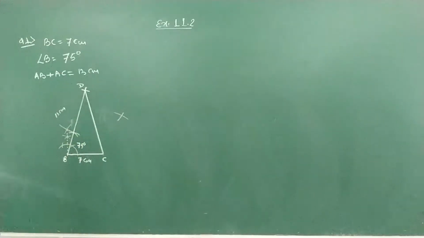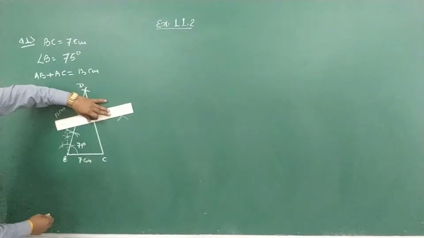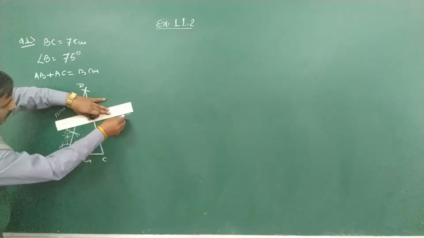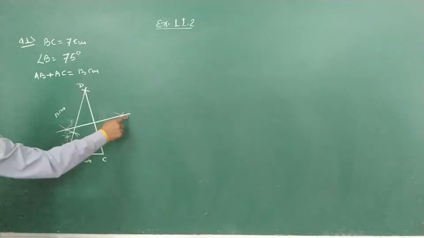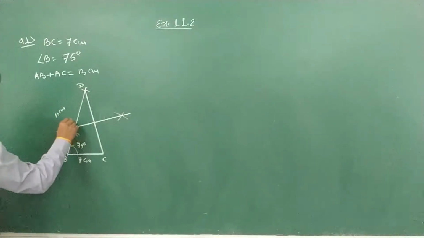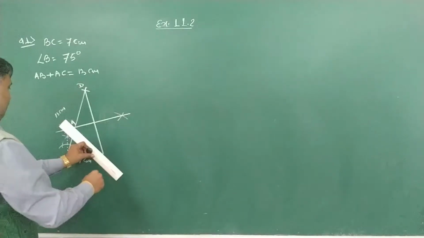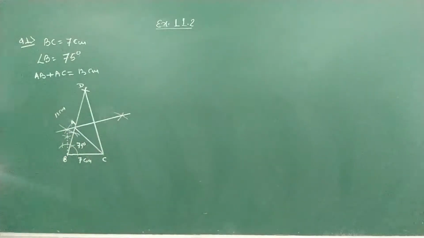When we join those points, the line intersects BD somewhere, and where the perpendicular bisector intersects BD, that is our vertex A. So join AC, and this is our required triangle ABC.